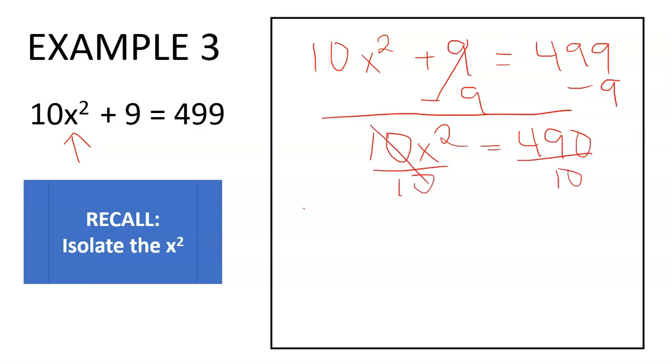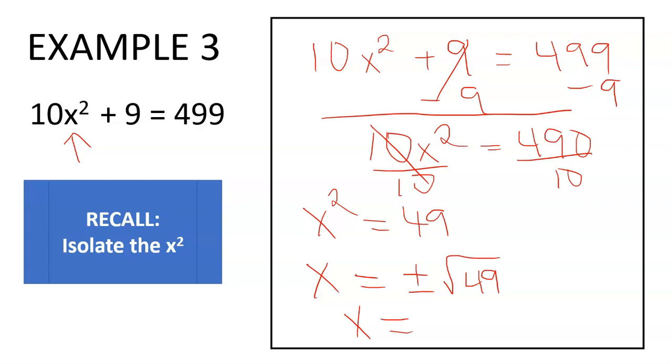Those cancel, and I have that x squared is equal to 49. I'm now ready to apply that square root property, and that will leave me with x is equal to positive and negative square root of 49. That is one of our perfect squares. So we have our answer as being x is equal to positive and negative 7.